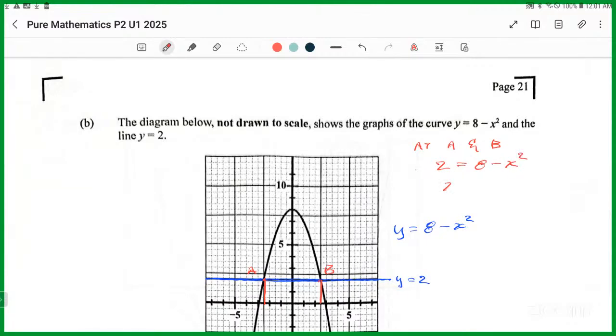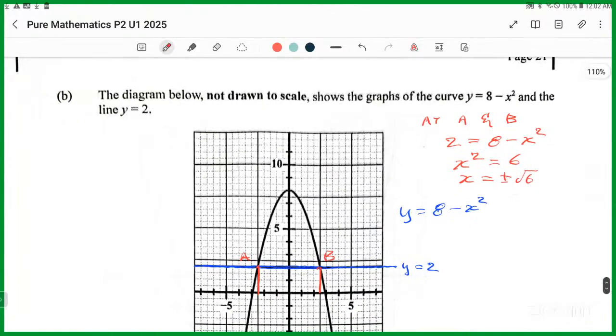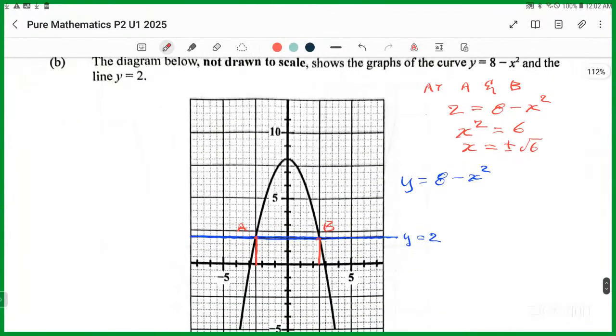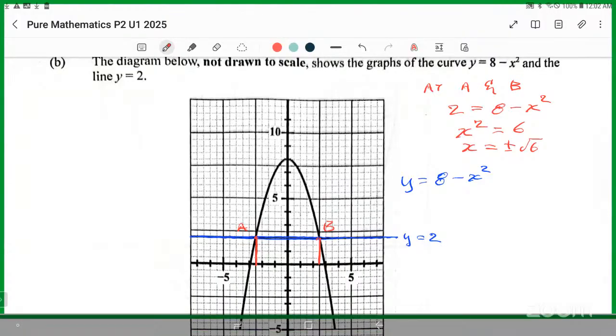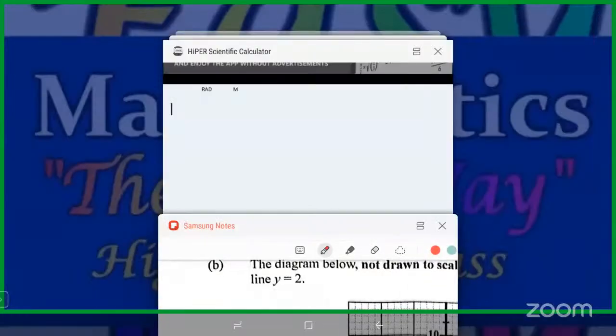So x squared becomes 6. So x equals plus or minus the square root of 6. The square root of 6 is about 2.5. Let's see, that looks like 2.5.